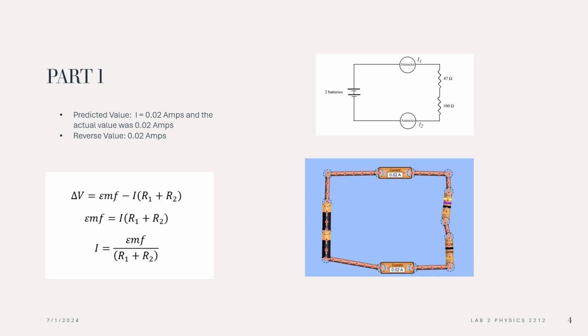You can essentially combine them into one singular current. Our predicted value through calculations was 0.02 amps, and our actual value was 0.02 as well, as you can see in the picture.